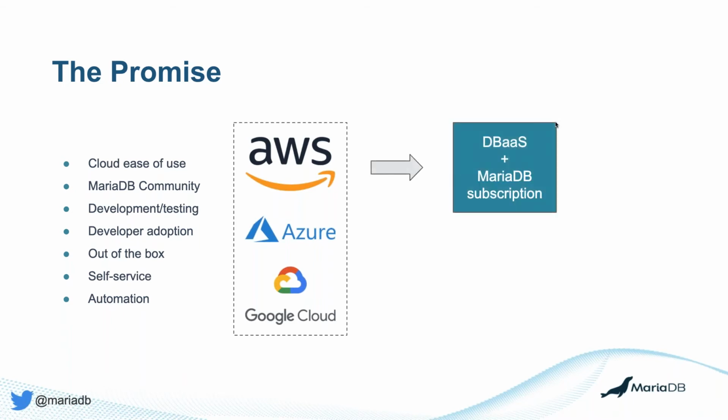And if you use this database as a service, right, you actually need to combine that with a MariaDB subscription to get the full effect, right? So because we're using MariaDB Community, you actually don't get native MariaDB support within the database itself. And so you would need to latch on a MariaDB subscription through MariaDB in order to really dive in and get that support for the MariaDB platform.